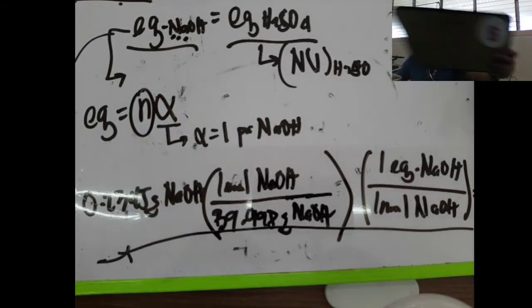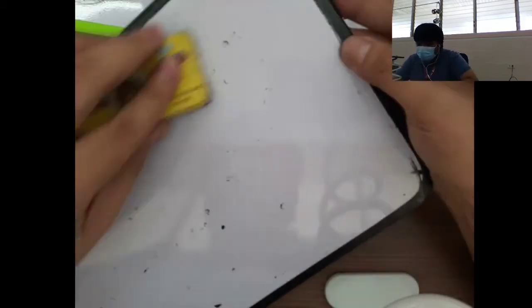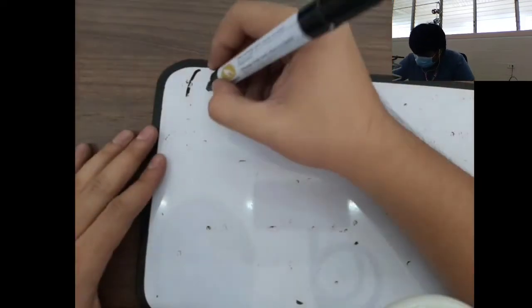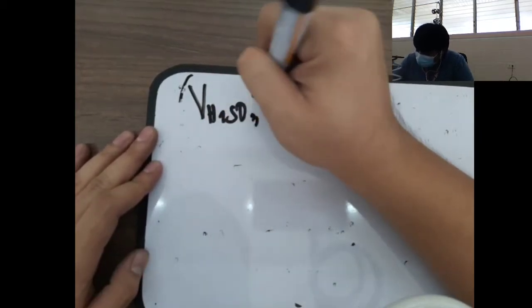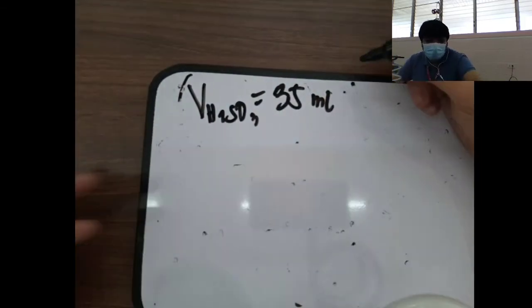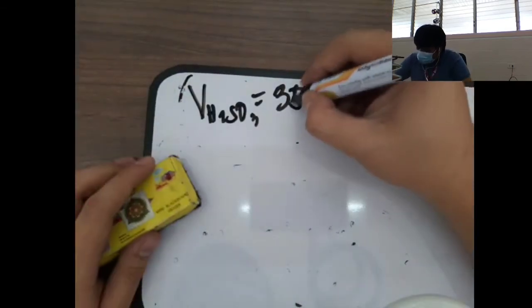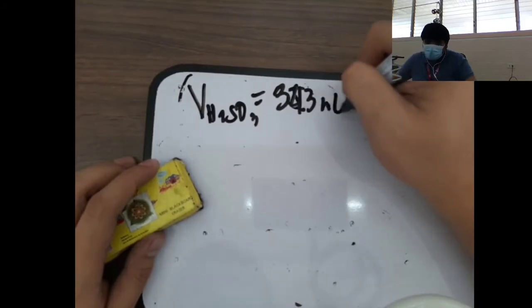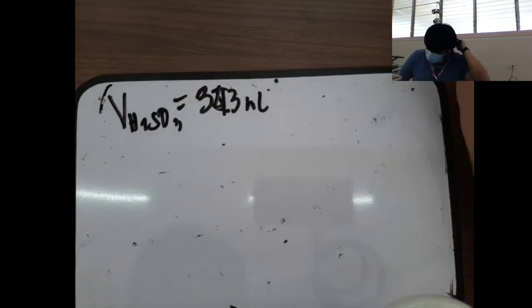Now for the equivalence of sulfuric acid, we're already given the volume. However, we are not given the normality, which is what we are looking for. Since the volume of sulfuric acid is in ml, 34.3, we need to convert this first to liter, since normality is equivalents per liter.